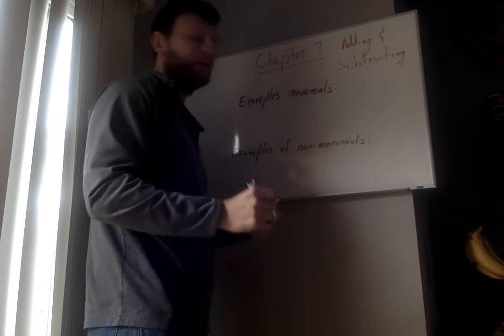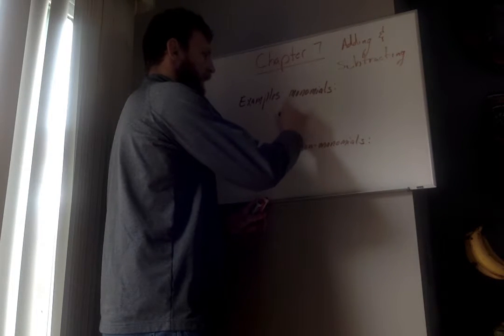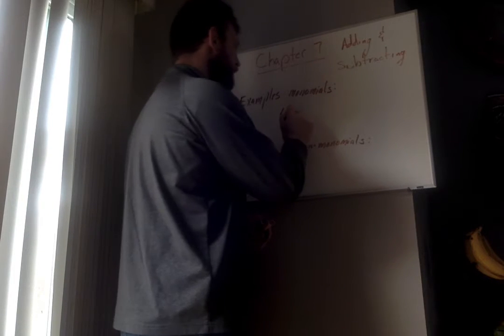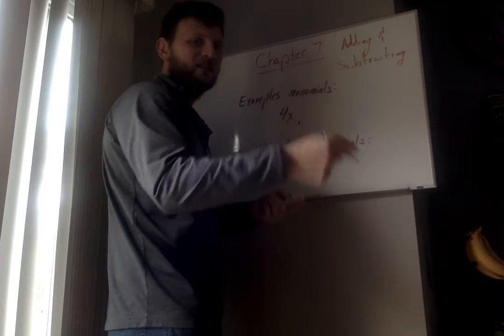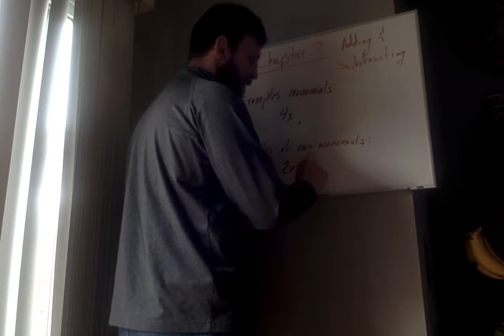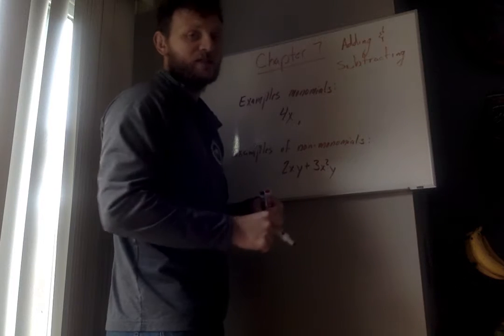Savannah, can you give me an example of a monomial? Yes. 4x. Perfect. Tina, can you give me an example of a non-monomial? Okay, yeah, 2xy, but we need some more to that. So we need an addition sign. So like 3x squared plus y. So notice I have two things separated by an addition sign.